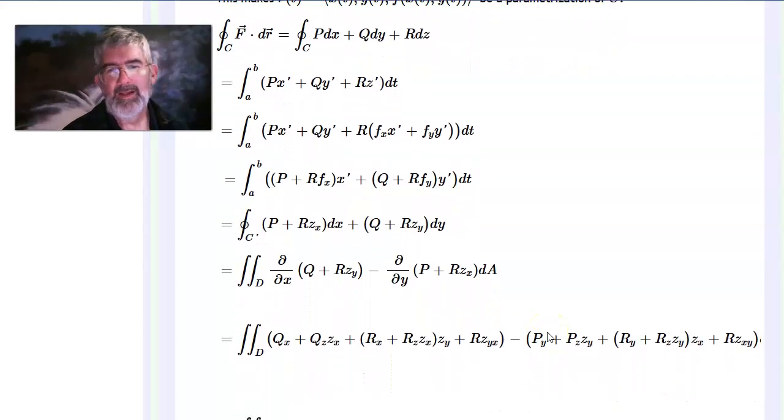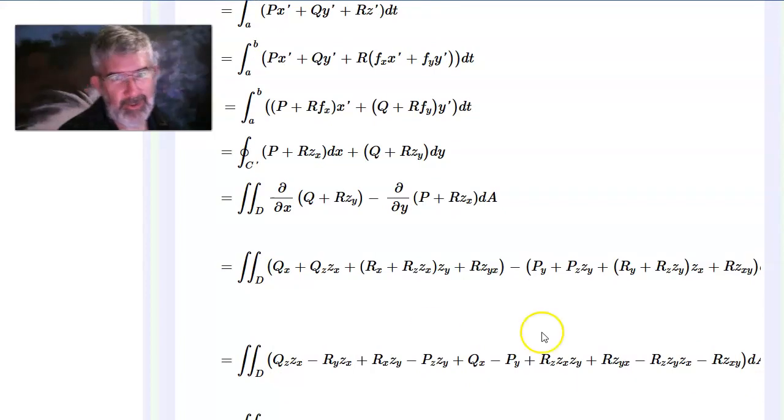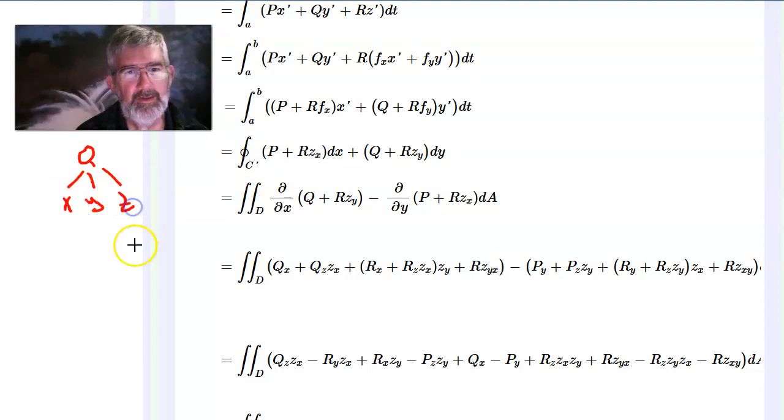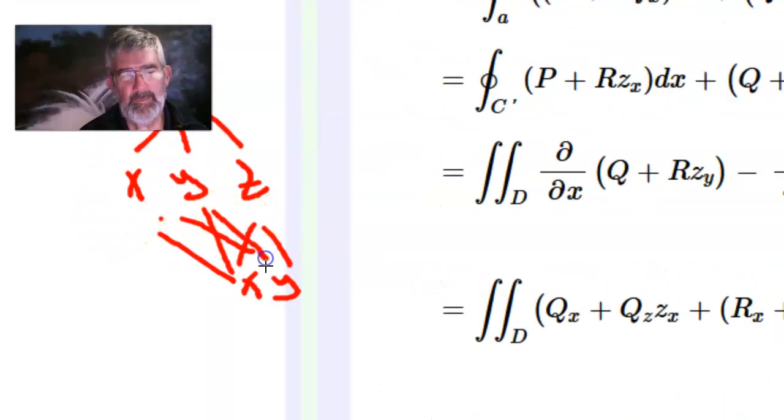Okay. Now, I'm going to take some partial derivatives here, and we've got to be real careful. So remember, q is a function of x, y, and z. But z is a function of x and y, and so x and y are functions of x and y. Okay, well.